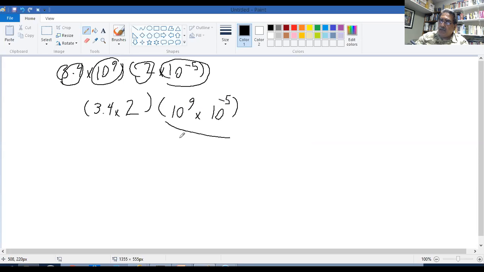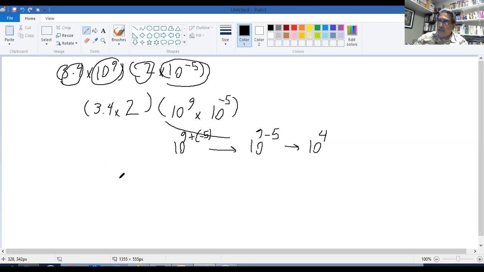Remember, the rule here was when you have that kind of operation, this is the same as 10 to the power of 9 plus minus 5, which is the same as 10 to the power of 9 minus 5, the same as 10 to the power of 4.